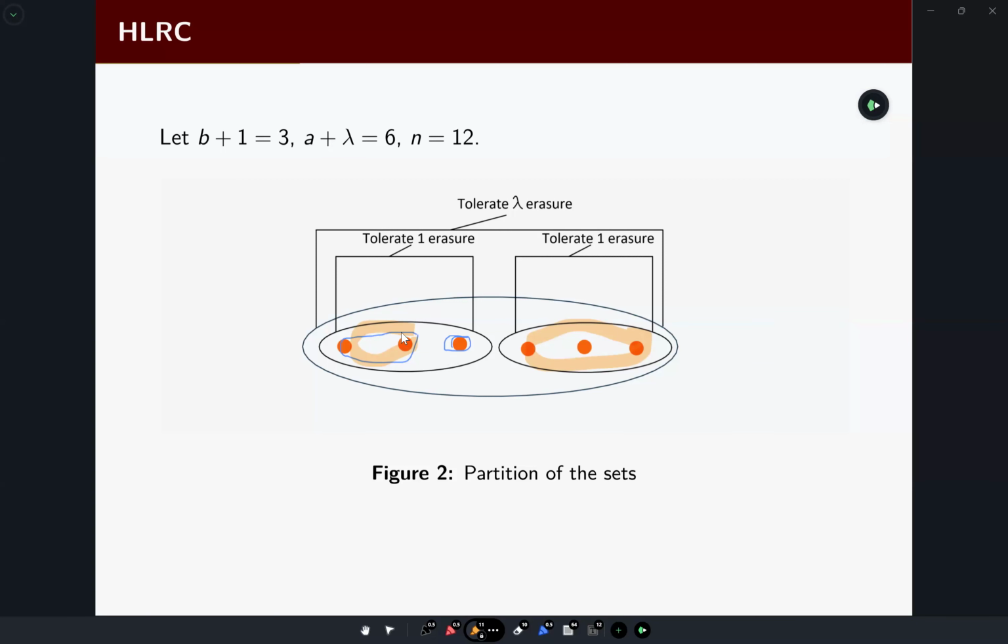So for example, if I don't have those 2, I can look at 1, 2, 3, 4 and recover 2 erasures instead of just 1. So that's the idea behind hierarchy inside a locally recoverable code. The smaller set gives you the one locality, while the bigger set can tolerate lambda erasures. In this case, lambda is equal to 2, but it can tolerate more than 1 erasure.